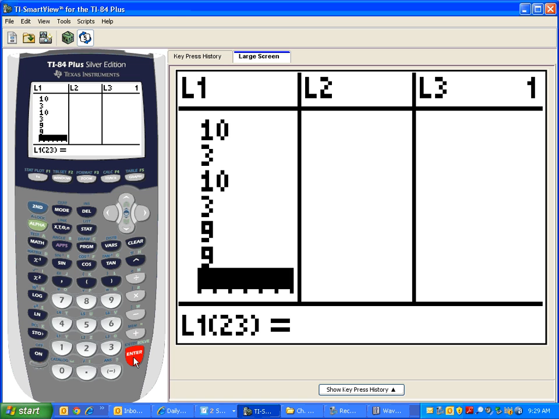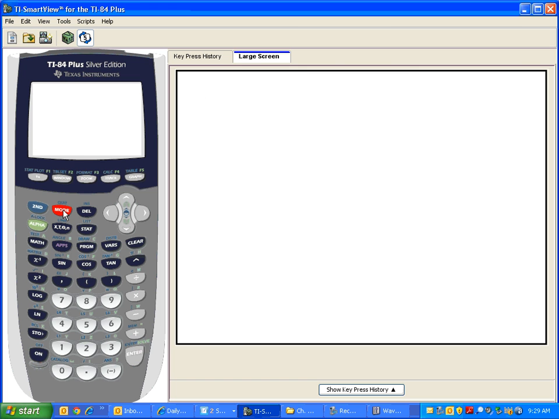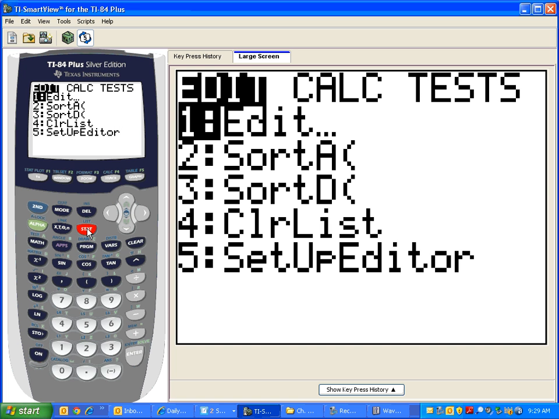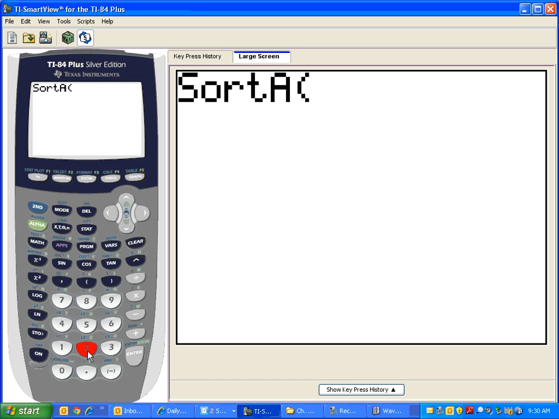So I'm going to show you how to sort this list so it goes from smallest data values to largest. We're going to quit, go back to your home screen, and press Stat, and you'll see option 2 says SortA. That's what you're going to choose. We're going to sort the list, and the list that you're going to sort, mine was L1.